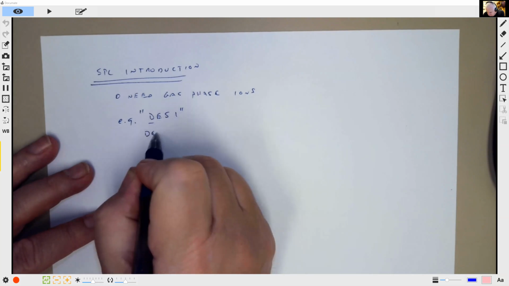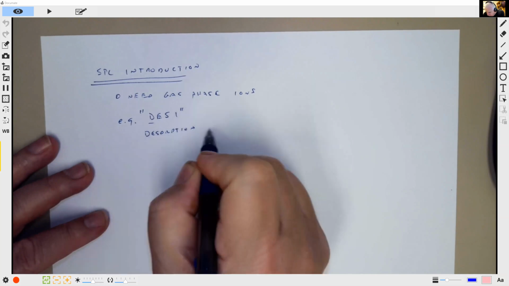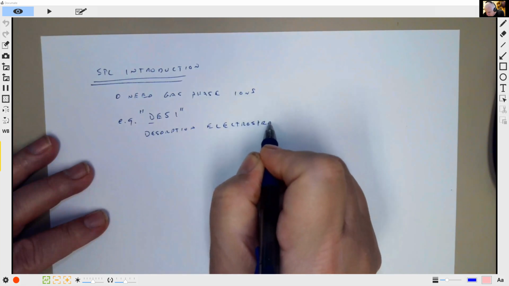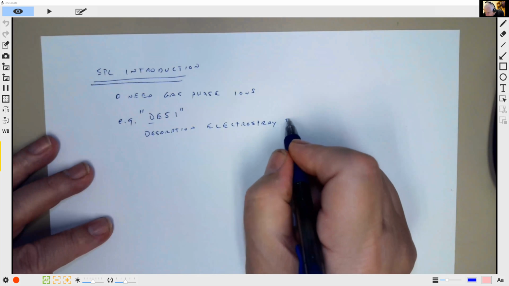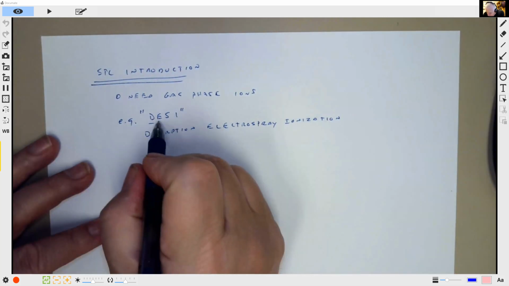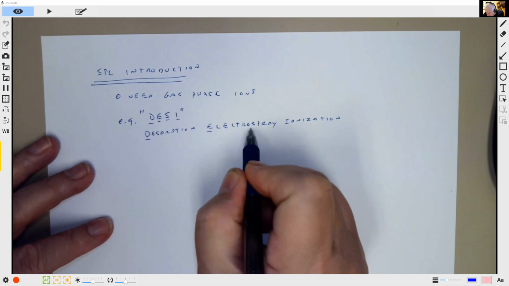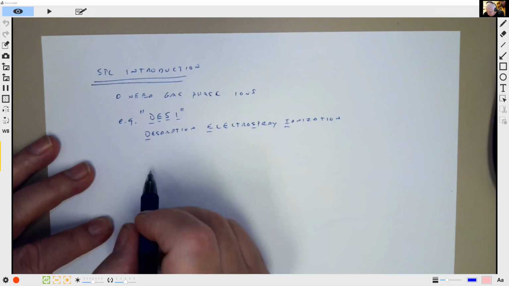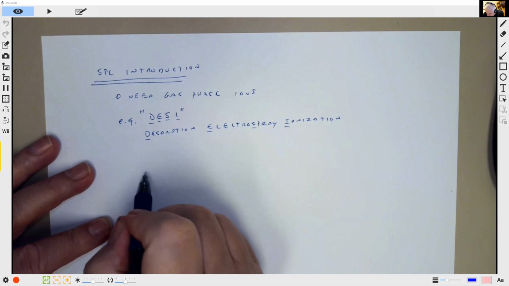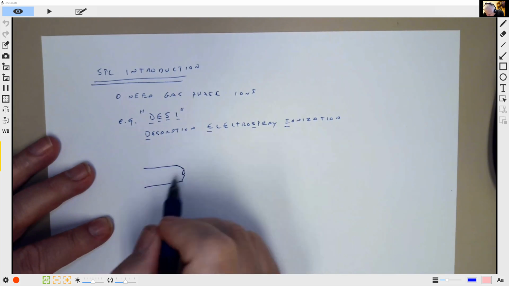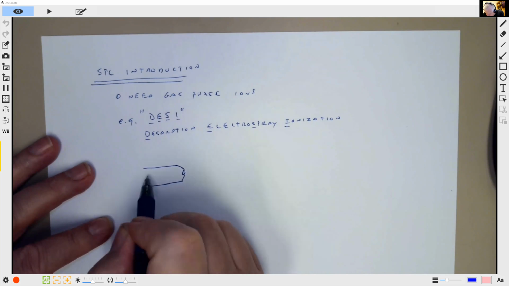So as an example here, desorption electrospray ionization. And in DESI, you take an ESI source, and an ESI source is like a little metal needle.